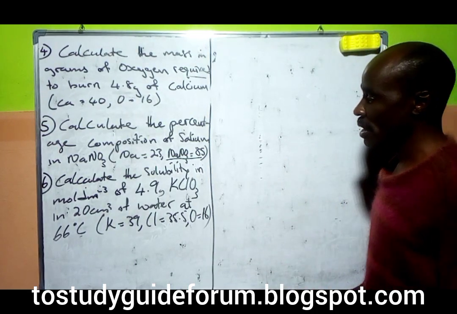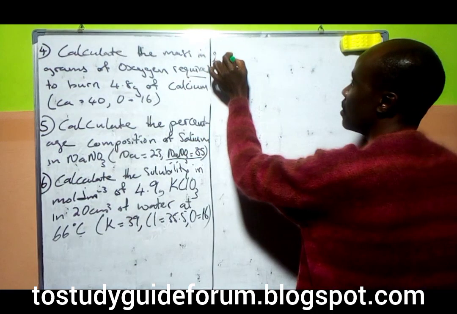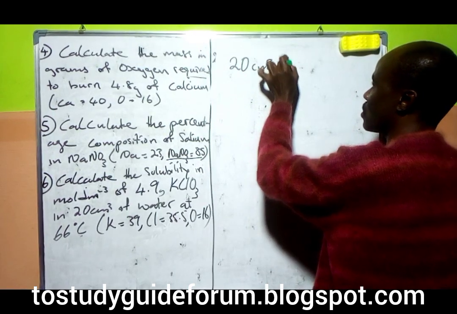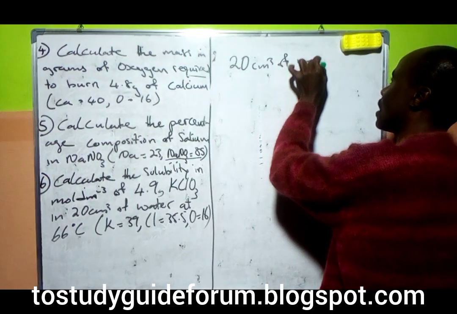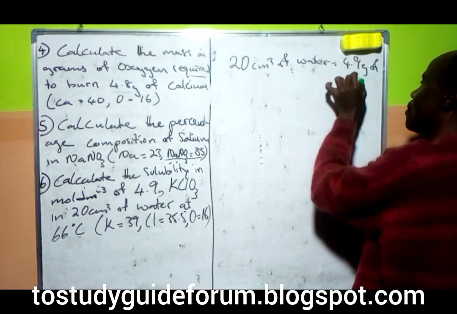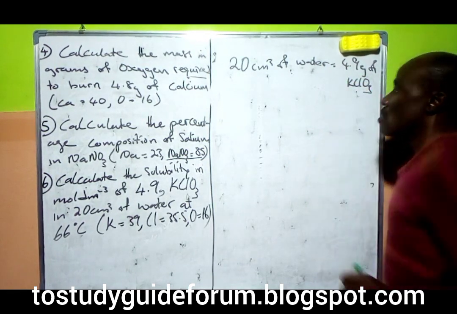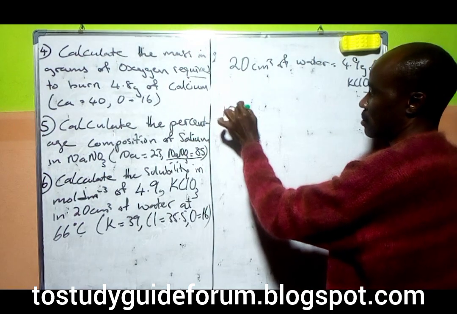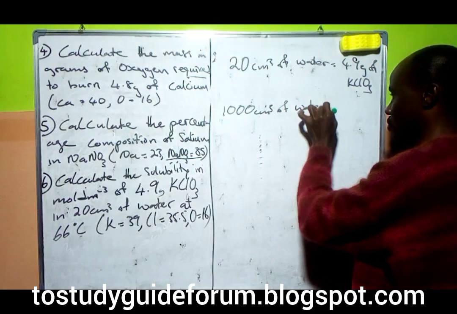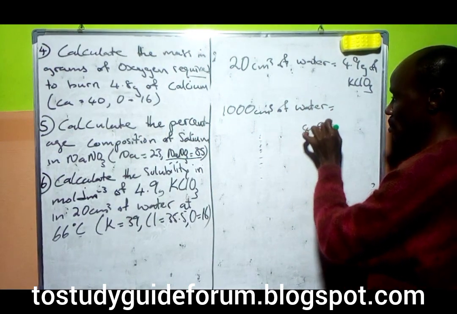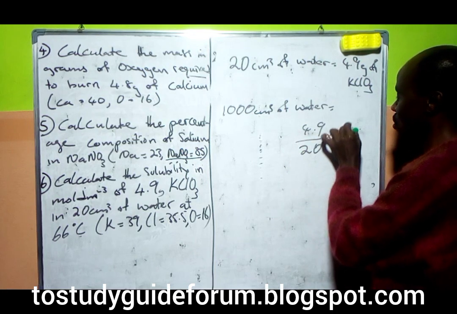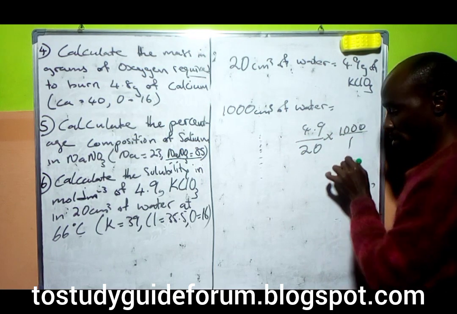From the question, we have 20 cm cube of water that is saturated with 4.9 grams of potassium trioxochlorate(V). So 1000 cm cube of water will equal what? 4.9 over 20 times 1000 over 1.